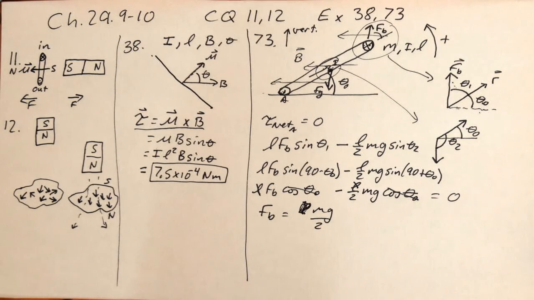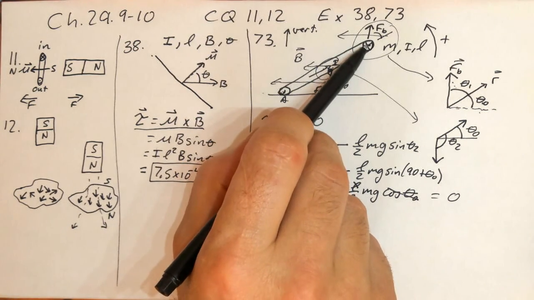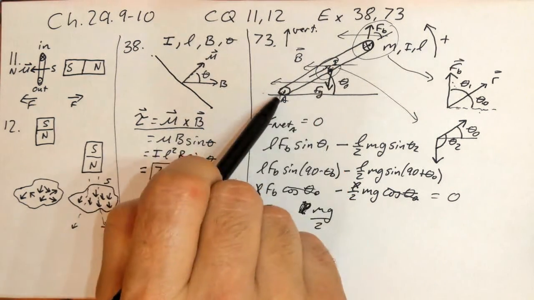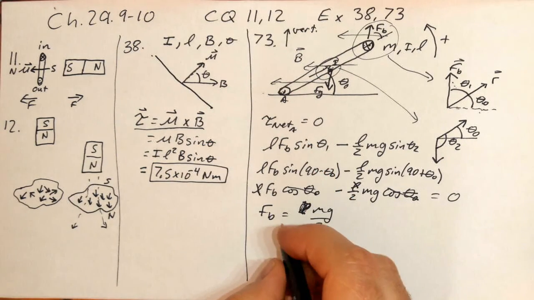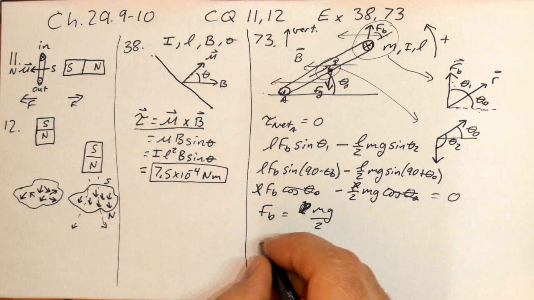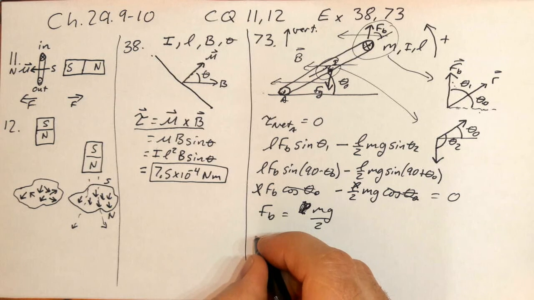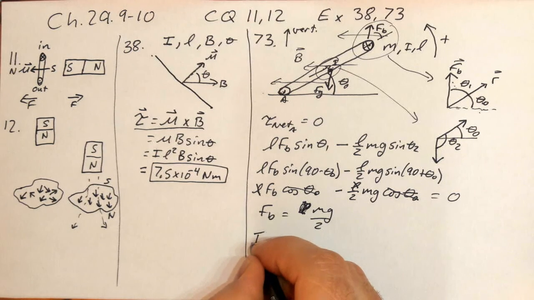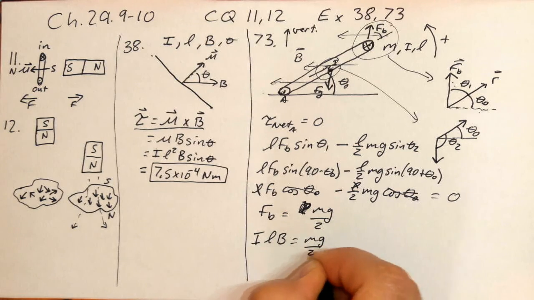I just now need to remember what F_B is. It's the magnetic force on that wire. Remember this is a square. It's length this way and then length into the page, and they are perpendicular. So the force is I L B equals mg over 2.